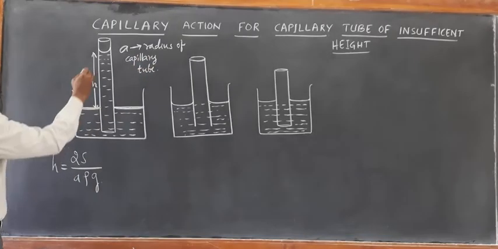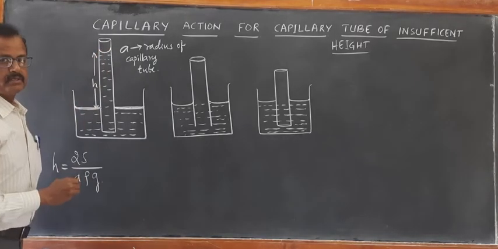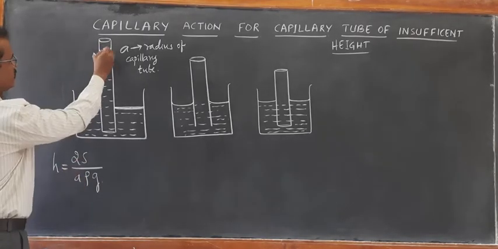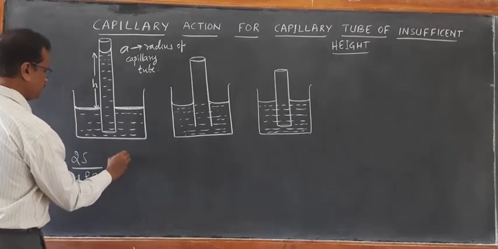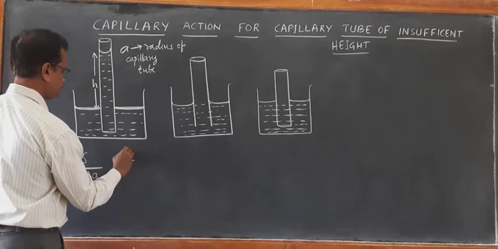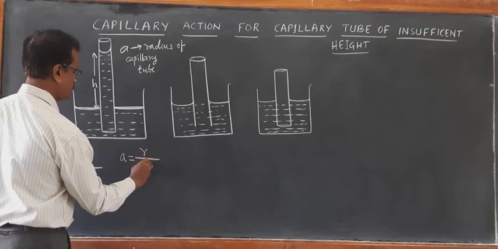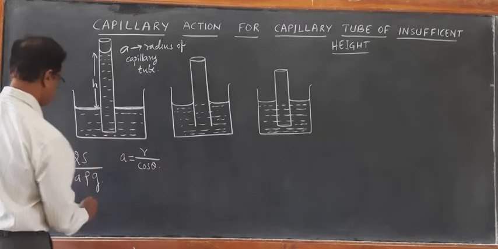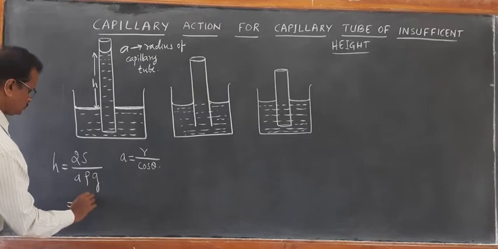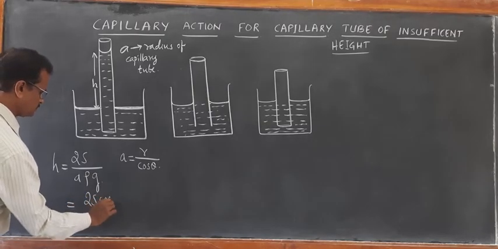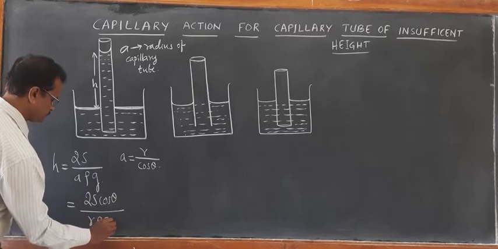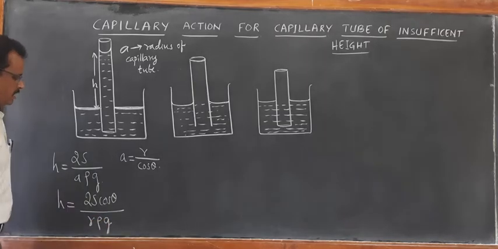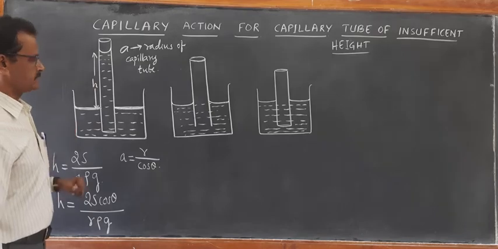If r is the radius of the meniscus, the concave surface formed by the water, then a is equal to r cos theta. As a result, we got 2s cos theta by r rho g. This is the height for capillary rise.